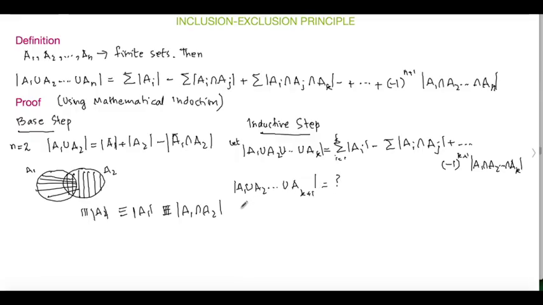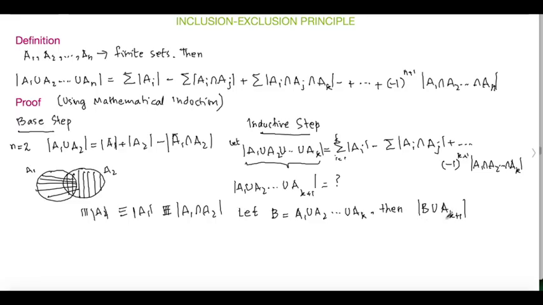Okay, so what I will do is let B be equal to this whole thing: let B be equal to A1 union A2 up to union AK. Then what we want to find is B union AK plus 1. Correct?